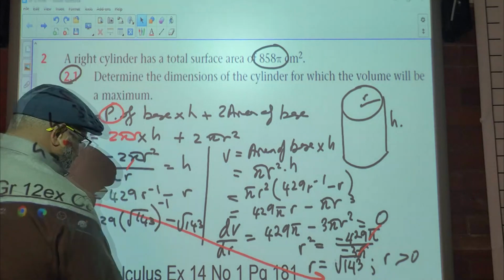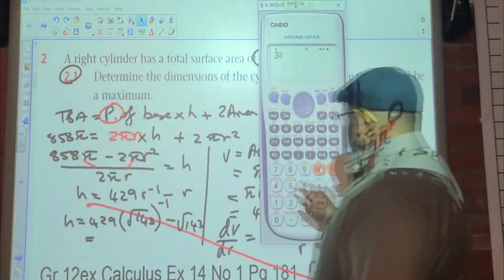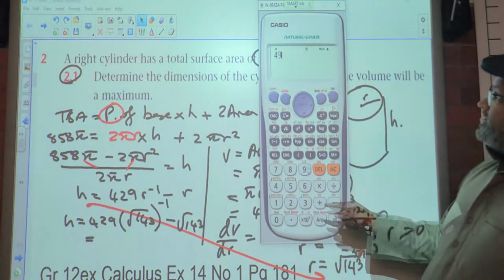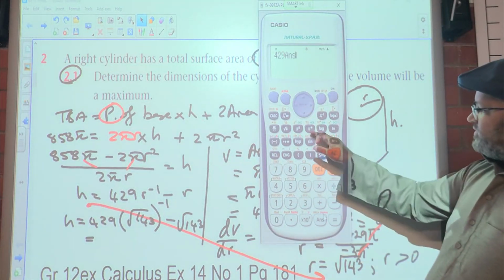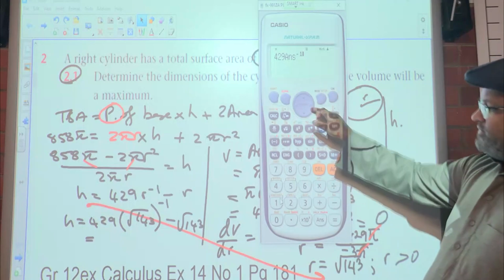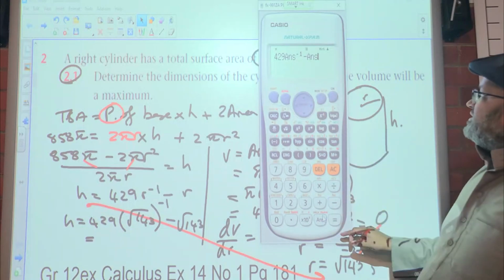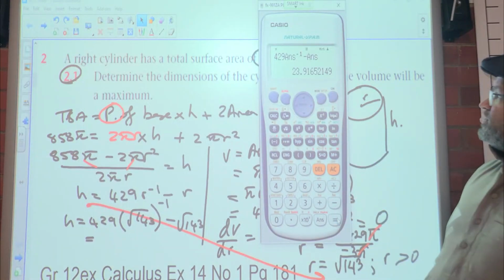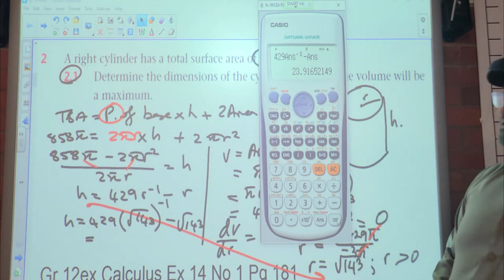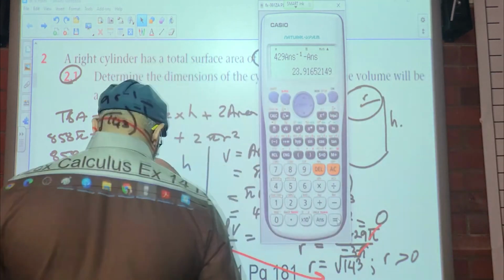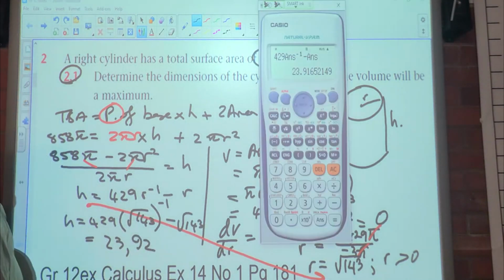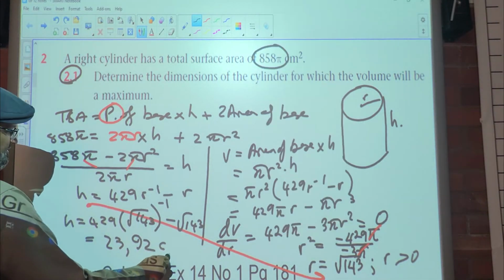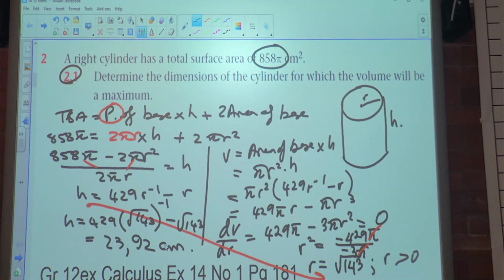That gives us 429, answer to the negative 1, minus the answer. 23.92 centimeters. Is that correct? Right, you guys understand?